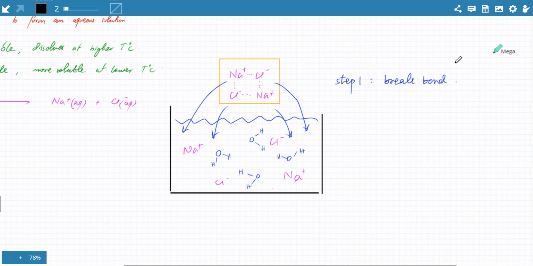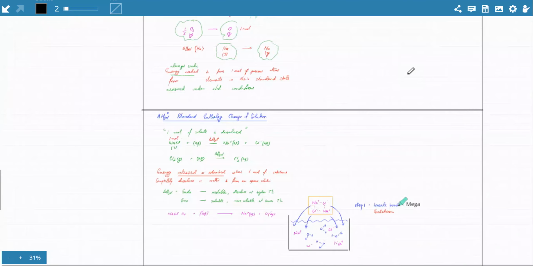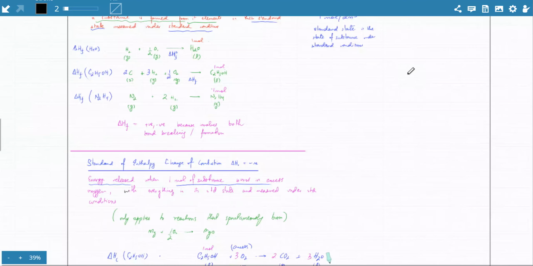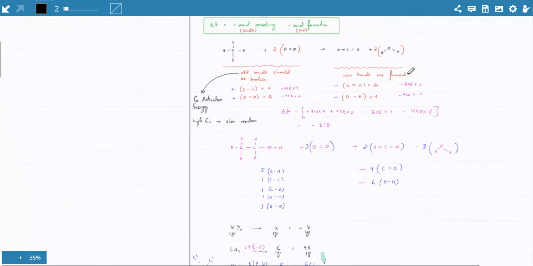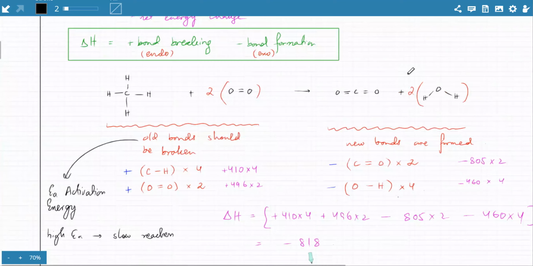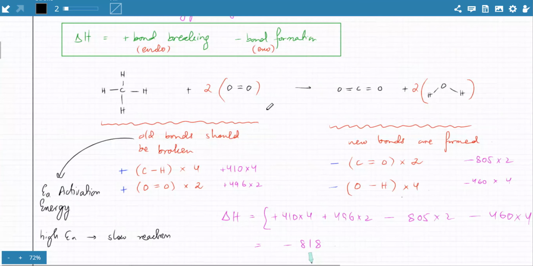Breaking bonds is actually endothermic. We did an entire exercise on that. If we go back before the definitions part, we talked about how every time old bonds are broken and then new bonds are formed.